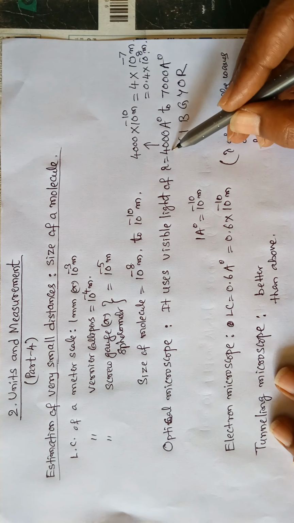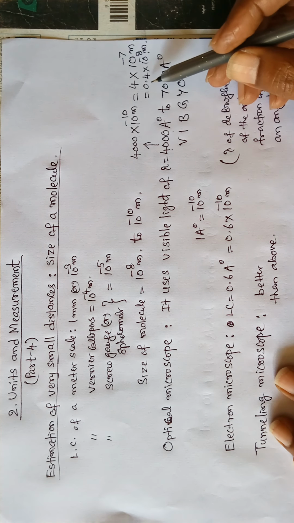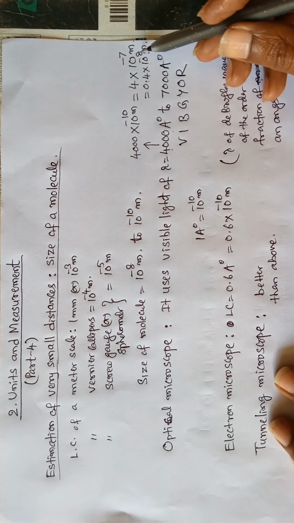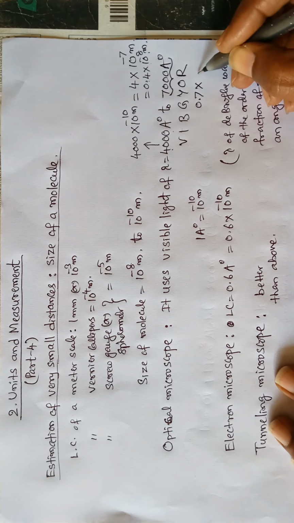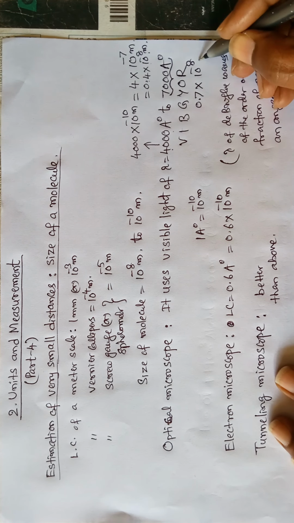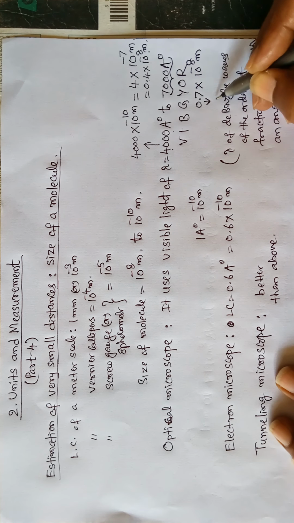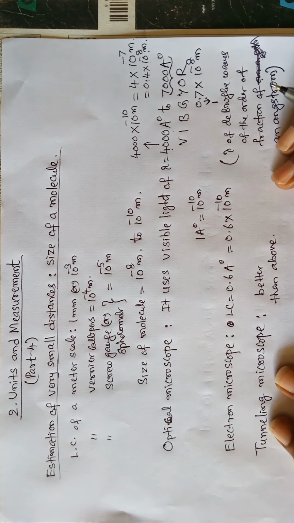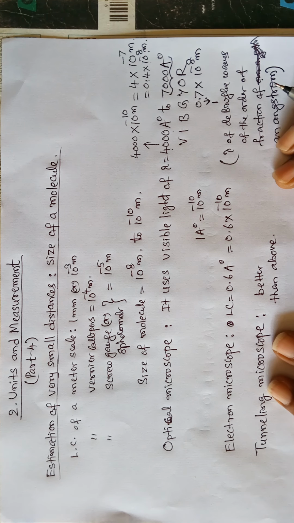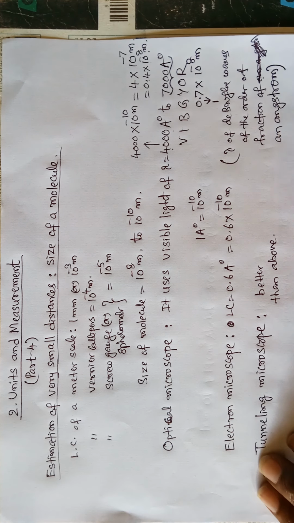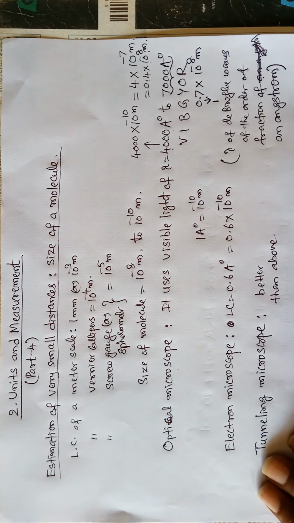So 4000 angstroms can be written as 0.4 into 10 to the power of minus 8 meter, and 7000 angstrom can be written as 0.7 into 10 to the power of minus 8 meter. Of course, 0.7 means it is nearer to 1. It means your optical microscope can measure sizes up to 10 power minus 8 meters.